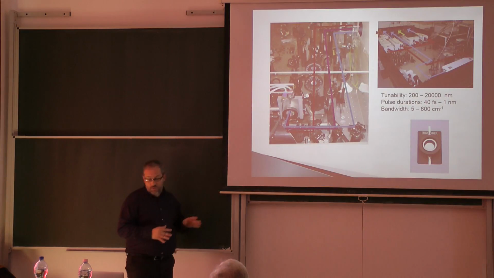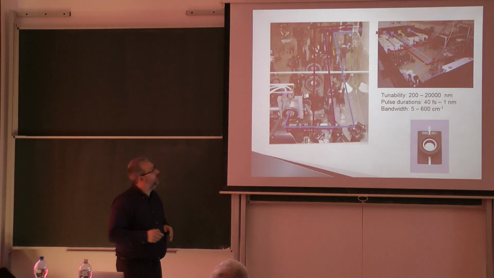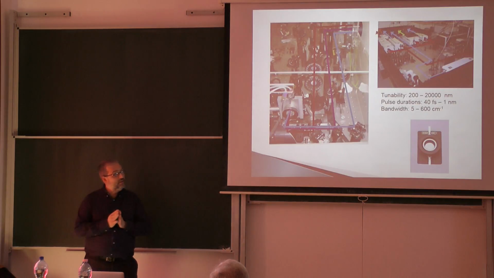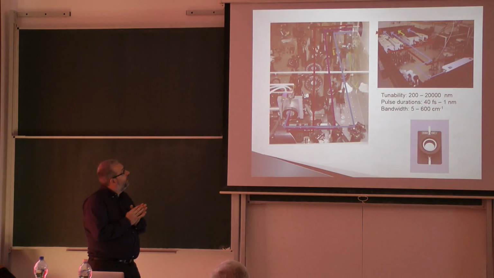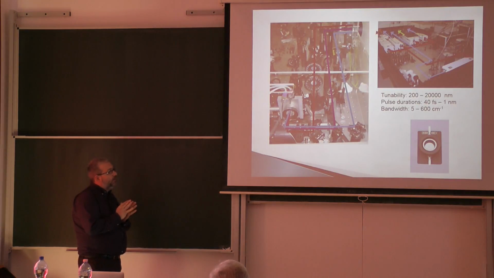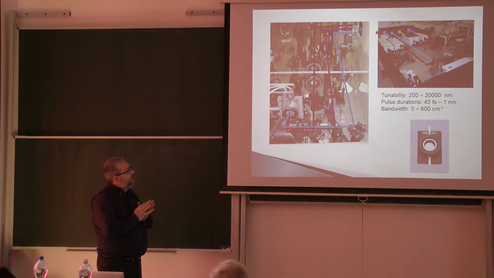So you have to use thin cells. Typically we are using a Harrick cell, with calcium fluoride windows and a spacer, and we have a 50 micron spacer. That's our most general measurement, basically.